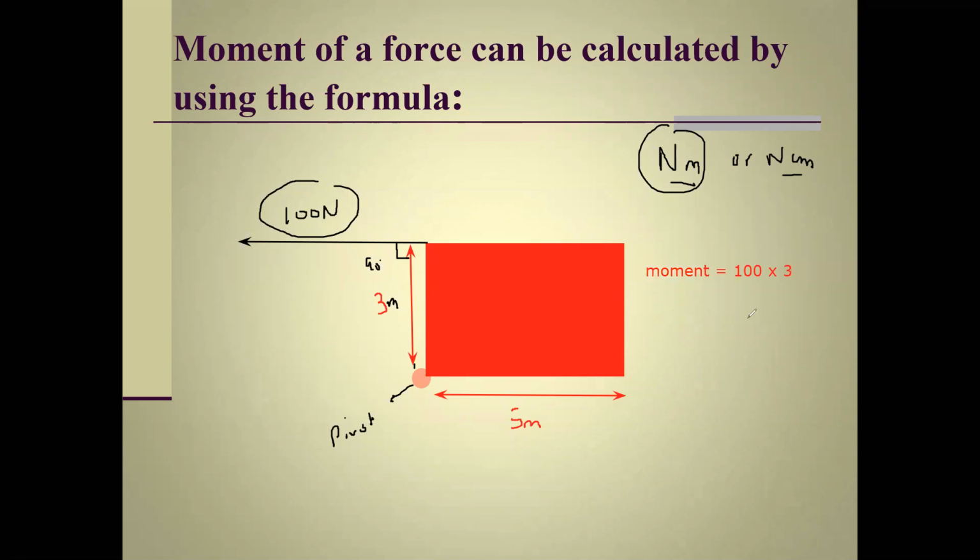So 100 multiplied by 3 equals 300 Newton meter. If distance is in meter, then it will be Newton meter. If distance is in centimeter, it will be Newton centimeter. Is it clear? We always take the 90-degree, or perpendicular, distance from the pivot.